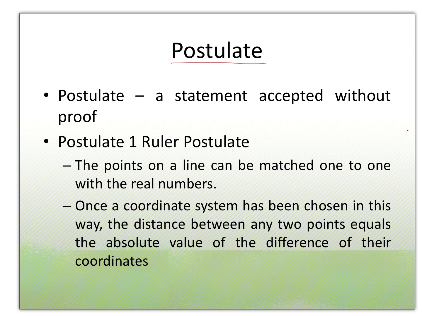So the first postulate that we're going to talk about is the ruler postulate. You're going to notice that all of our postulates and all of our theorems in this book are going to have a number associated with them. That's not the number of that postulate across the board. How postulates and theorems are named is based on the chapter in which they come or the order in which they are in your book.